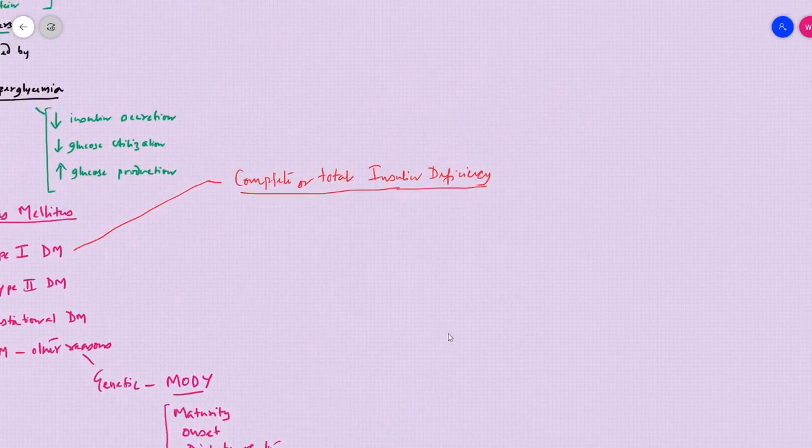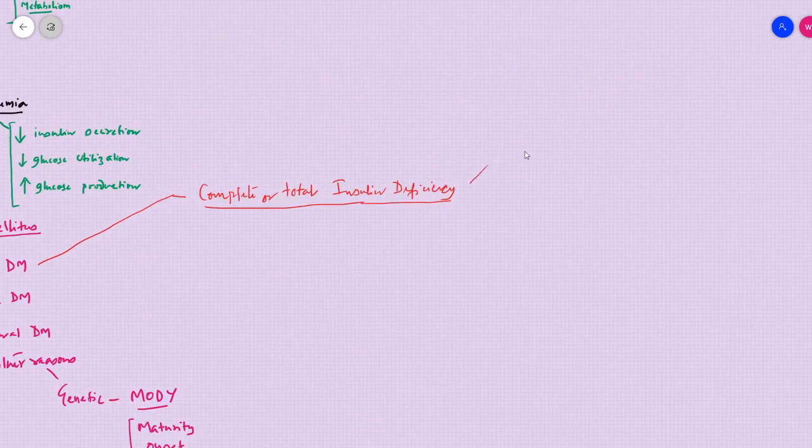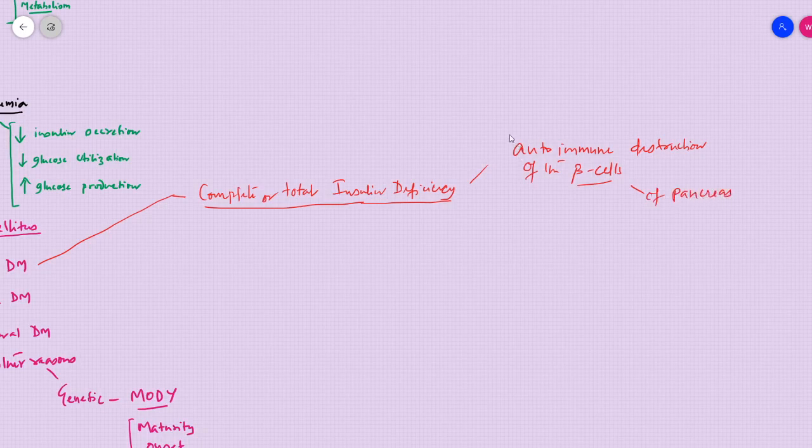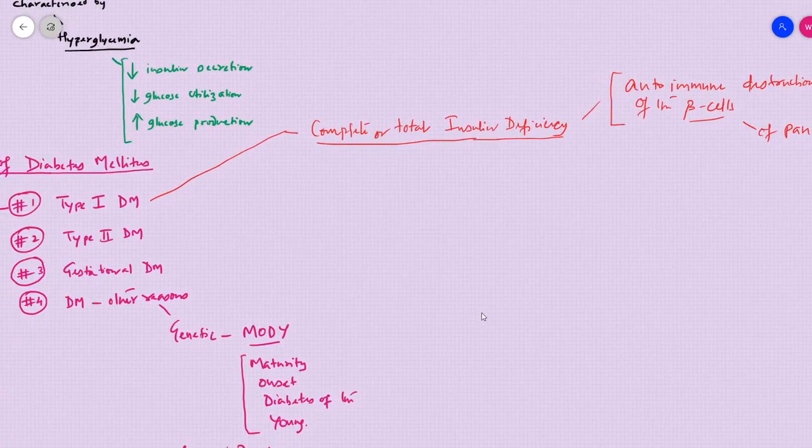The reason is autoimmune destruction of the beta cells of the pancreas. So that is what's wrong in type 1 diabetes mellitus. And so there is insulin deficiency. How do we treat? We replace the insulin.